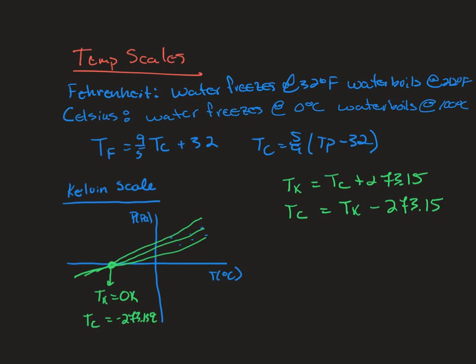So if you're subtracting two temperatures trying to find a delta T, final minus initial temperature, as long as you're both in Celsius or both in Kelvin, the change in temperature will be the same. But there are going to be other formulas where we're just plugging in a temperature where you're going to have to be in Kelvin, because that is how the formula was scaled. And I will make sure to note that as I go through this lecture series, which formulas have to be in Celsius, which ones have to be in Kelvin, and which you can use either as long as both temperatures are in the same units.